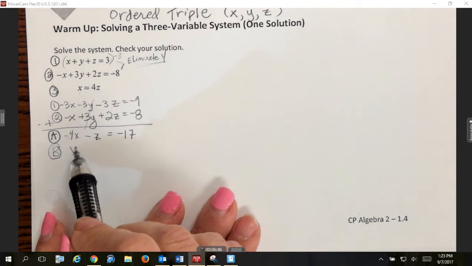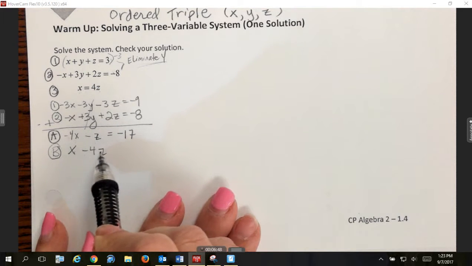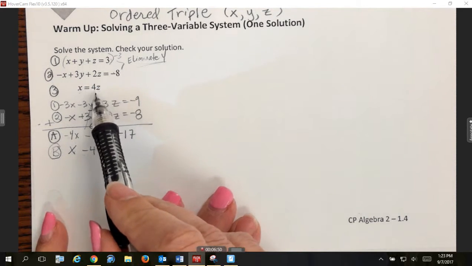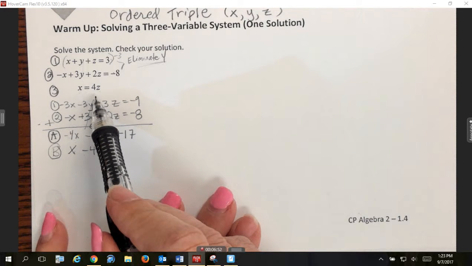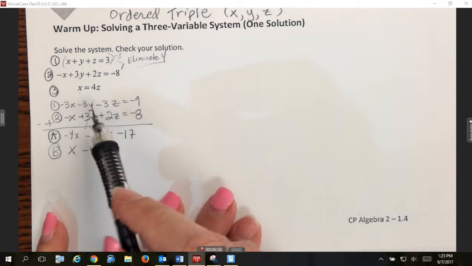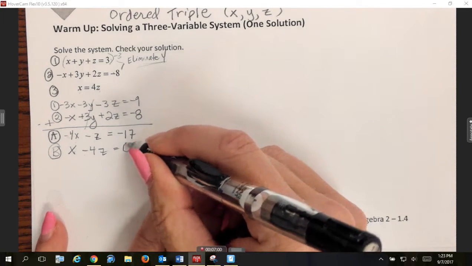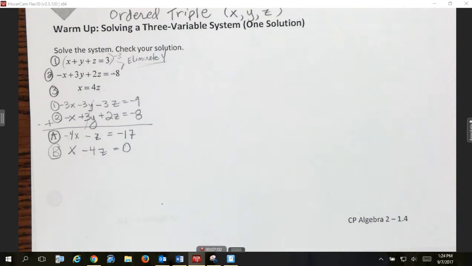So now I have x minus 4z equals, and then when I subtract 4z, what does it equal? 0, yes. So we have our equation A and our equation B. So what we did is we took 3 equations and we got it down to 2 equations with 2 variables.